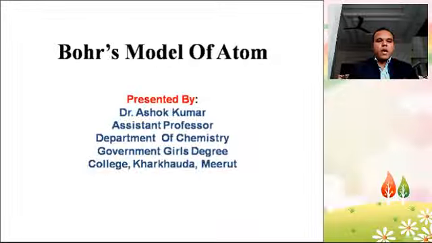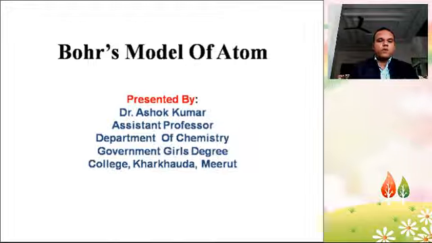In order to explain the distribution of subatomic particles in an atom, some atomic models were proposed which include Thomson model, Rutherford model, Bohr's model and quantum mechanical model of atom.